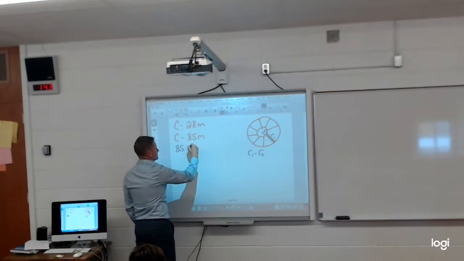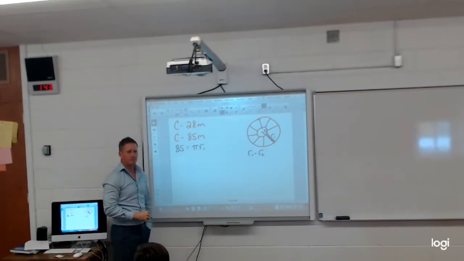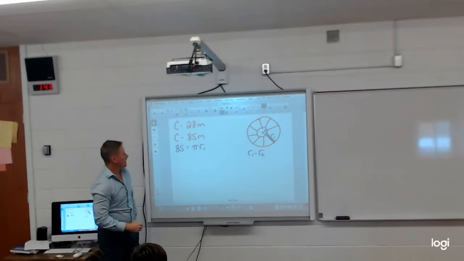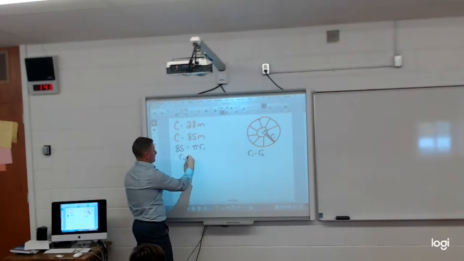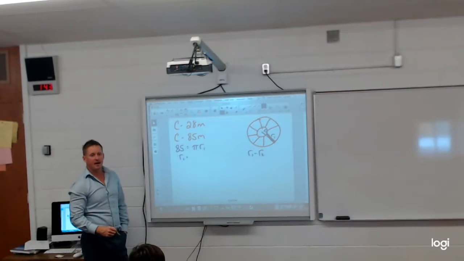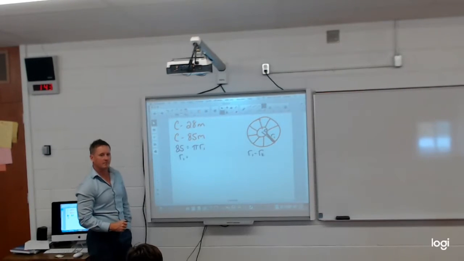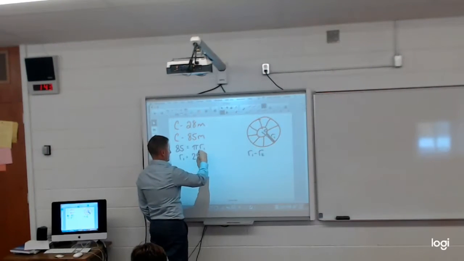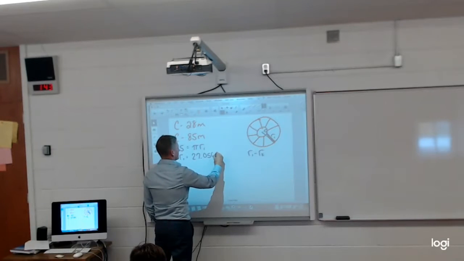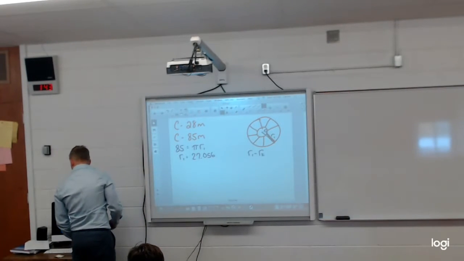85 meters equals pi times radius 1. So how do I get radius 1 by itself? Divide. Right, so let's take 85 and divide by pi and give it to me in 3 decimal places. 27.056. Very good. And are we talking centimeters here or meters?